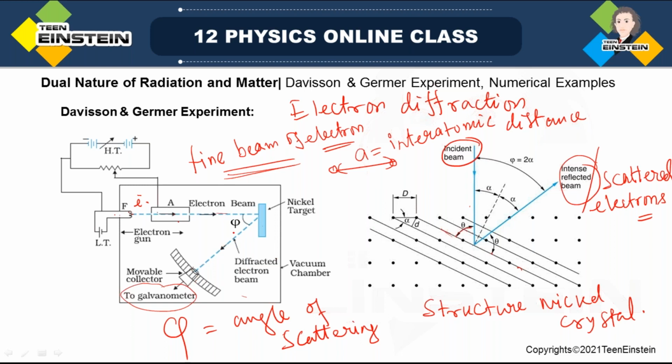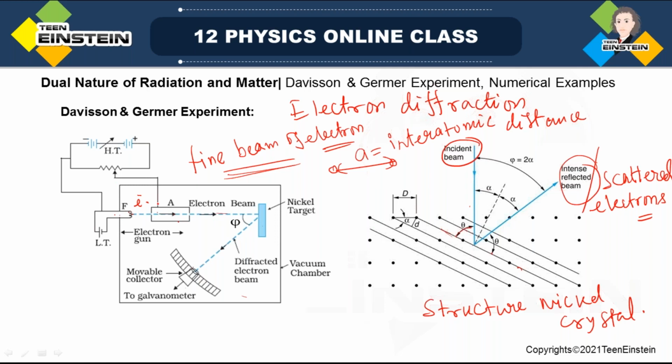That current can be plotted with the angle, and it is directly proportional to the number of electrons. This is how the intensity of the diffracted electron beam has been plotted against the scattering angle.